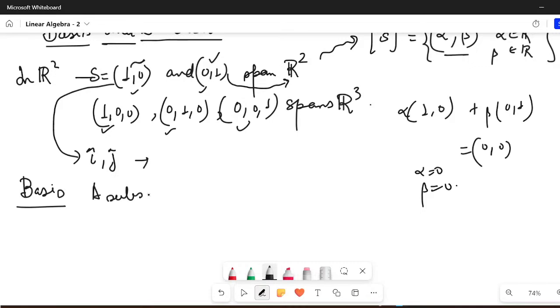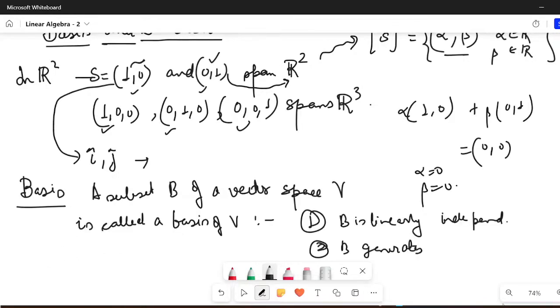So a subset B of a vector space V is said to generate V, by which I mean if I take the linear span of B, I must get V in return.